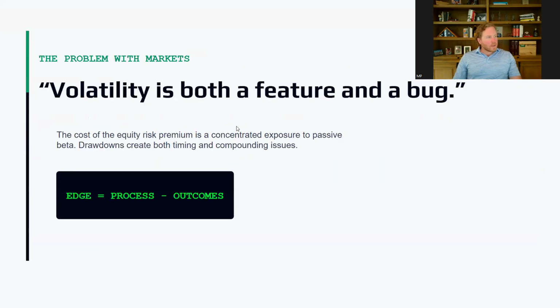So, here's the problem that we as long-term investors have with the markets. And that is that volatility is both a feature and a bug in the markets. It is a feature because on the upside, we get positive volatility, and that's what creates positive returns.